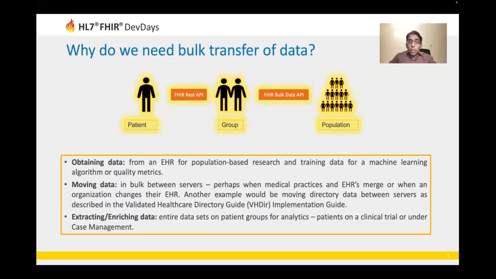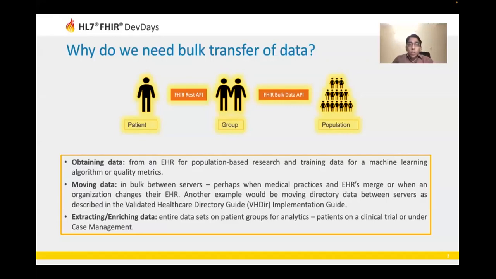That is one point. And the second point is that with the bulk data API we can transfer the data in bulk, but what are those business use cases for which we need to transfer? Here we have listed a few of those. Like we want to run a machine learning or AI/ML algorithm, so you need the entire data set where you can train your model.